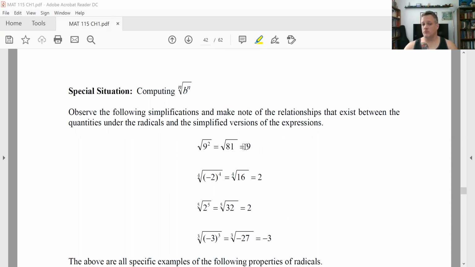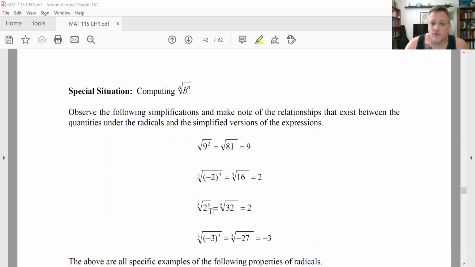So that's not alarming. If you look at this guy, the fourth root of -2 to the fourth, remember you're going to actually raise the minus to the fourth power here, and so -2 to the fourth is 16. What number can you raise to the fourth power to get 16 back? Again, we're assuming this is a principal root because the index is even. That number is 2.